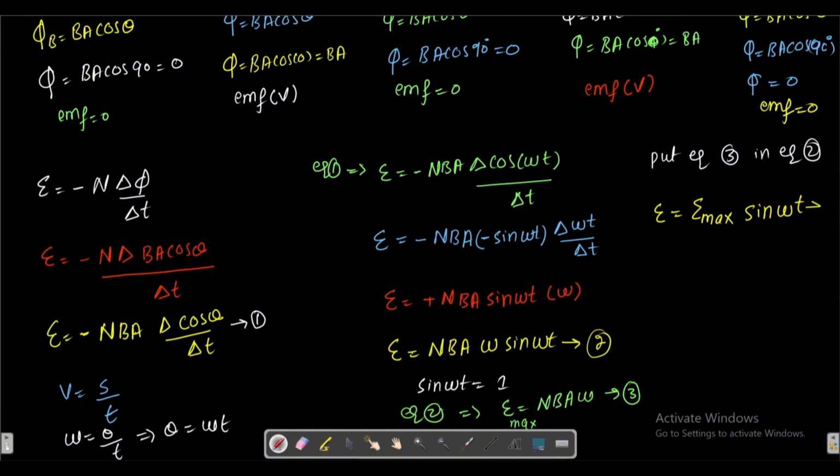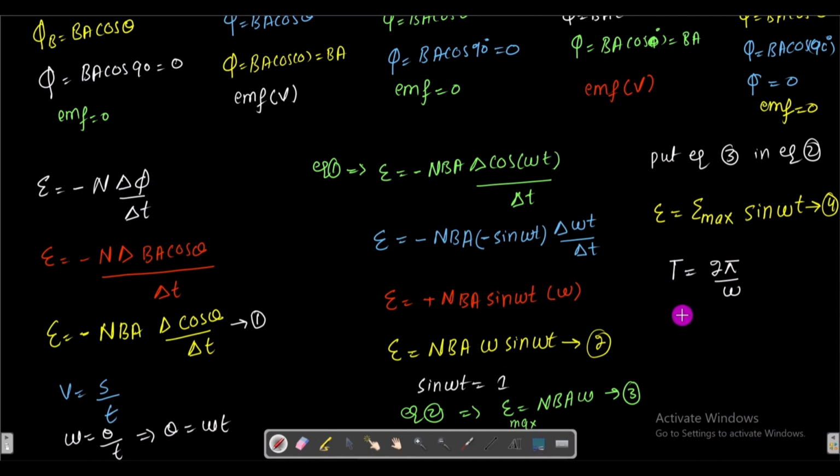This is equation 4. We know that the time period is the time taken to complete one rotation, which is equal to 2 pi by omega, and frequency is the number of turns per second, which is inversely proportional.